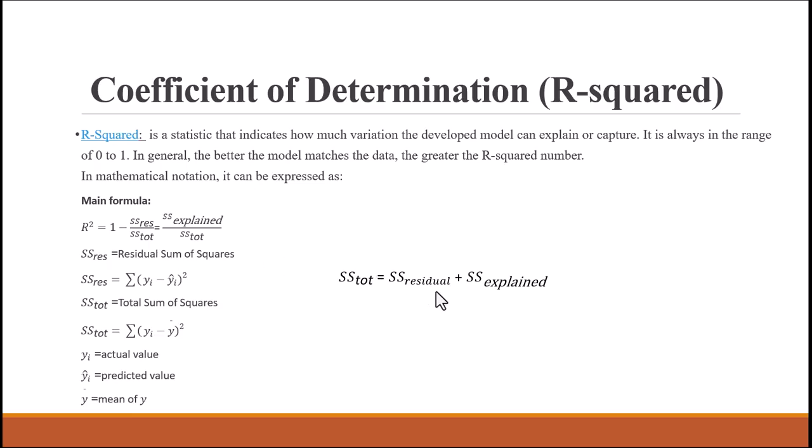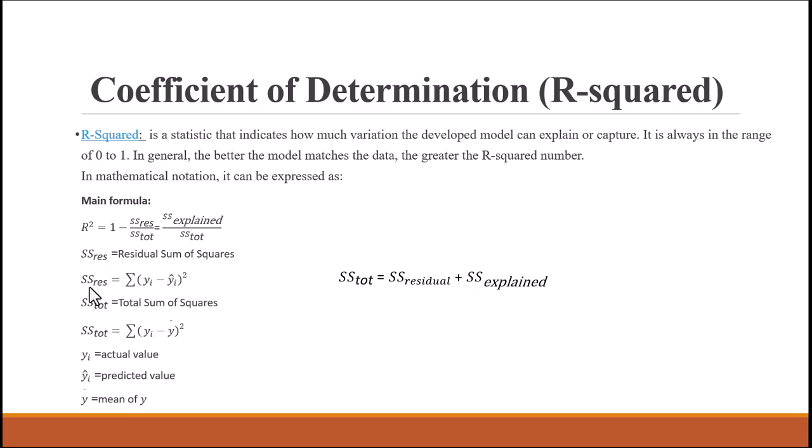We use this formula in order to extract, first of all, the explained sum of squares, that is the total sum of squares minus the residual sum of squares, and then you can reach this formula.